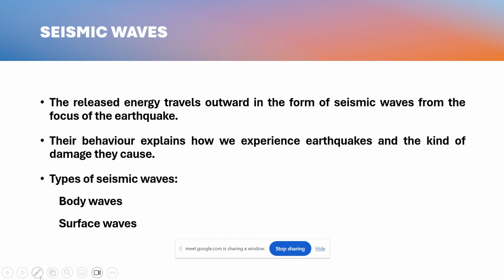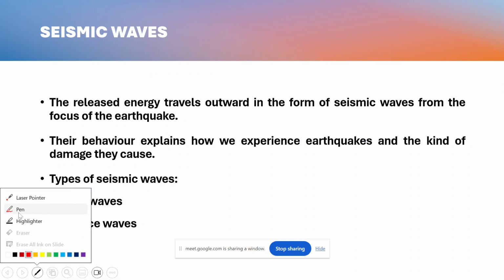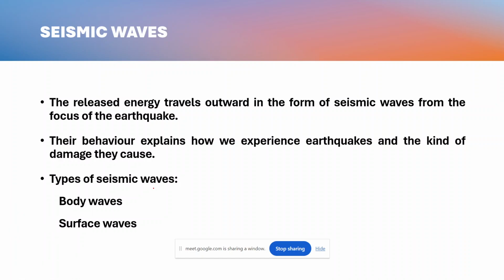So I'll just try to do it in a schematic way. Let's say this is the surface, and the earthquake focus or hypocenter, that is the origin of the earthquake, is over here. When that slip happens, when that elastic rebound happens during an earthquake, some sort of energy is released.